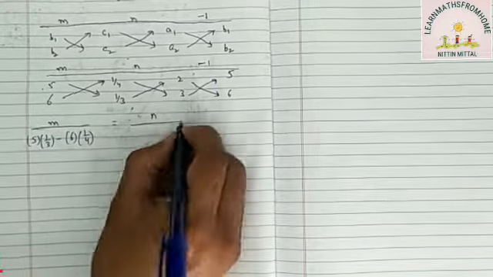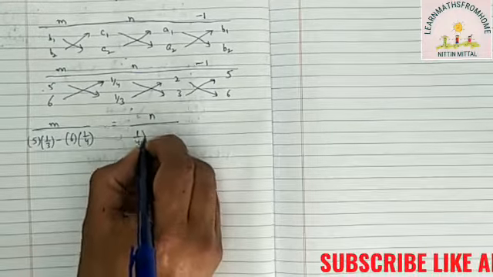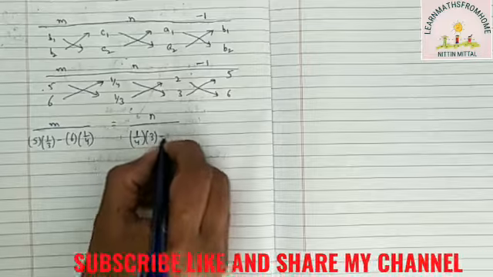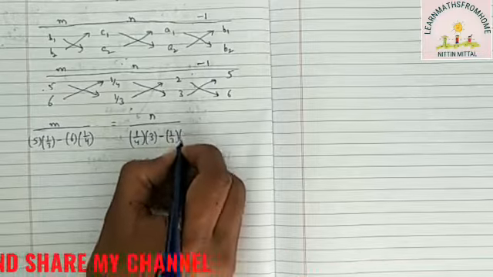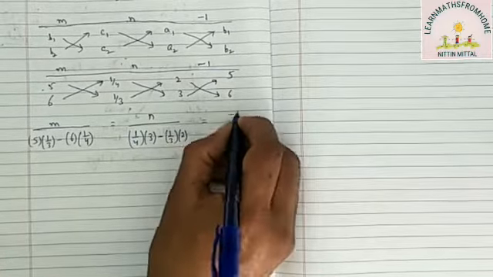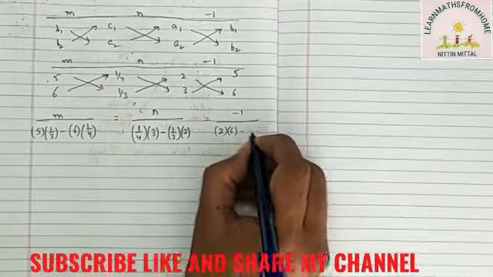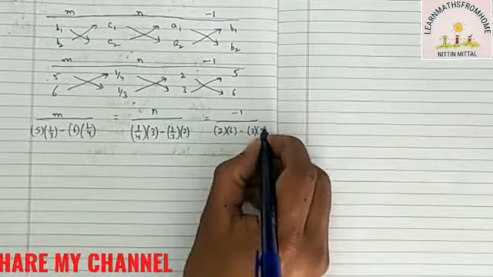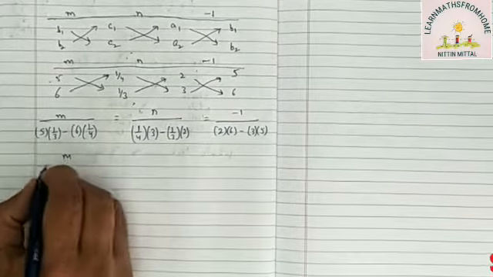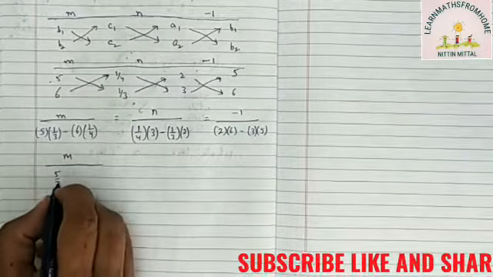Then for n, same way: 1 by 4 into 3 minus 1 by 3 into 2. Then minus 1 over 2 into 6 minus 3 into 5.